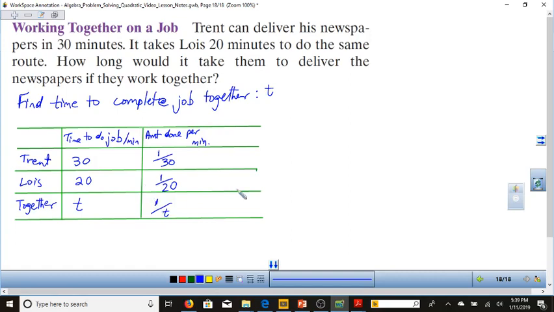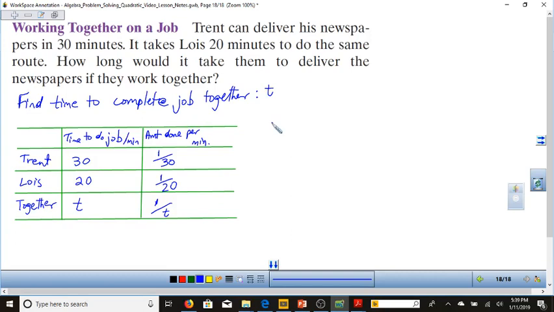Now, the reason we do that is this. Relatively simply, here's what's going on. The amount that Trent does in 1 minute plus the amount that Lois does in 1 minute is the amount that they will do together in 1 minute.